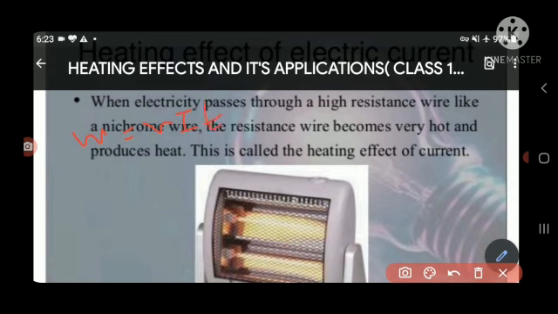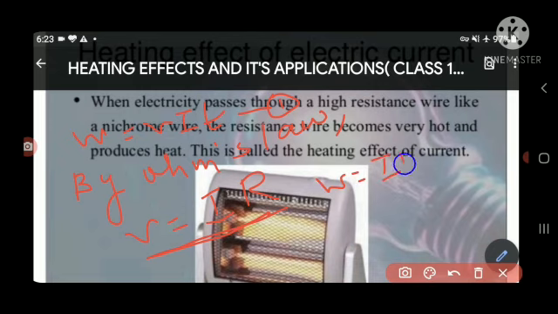Now, by Ohm's law, we get V is equal to IR. So putting the value of V, that is V equal to IR, in the first equation, we get W equal to IR into IT. So the equation will be like this: W is equal to I square RT. So work done is equal to I square RT.